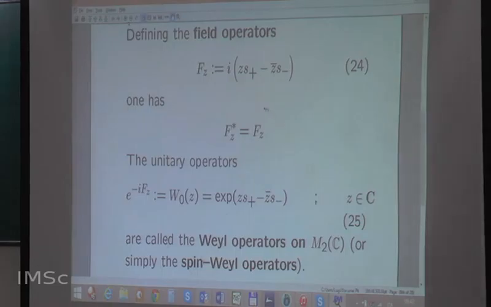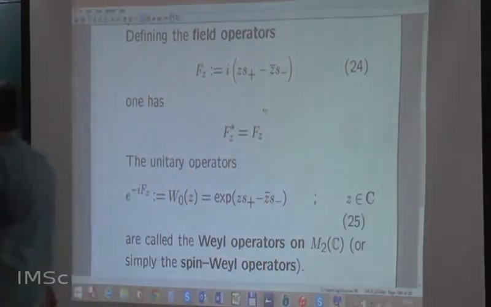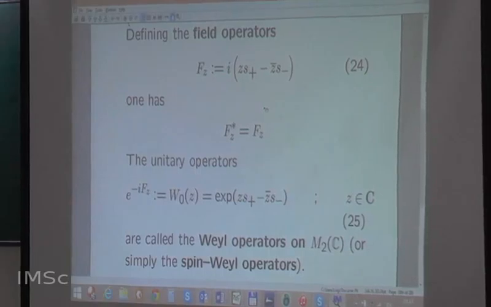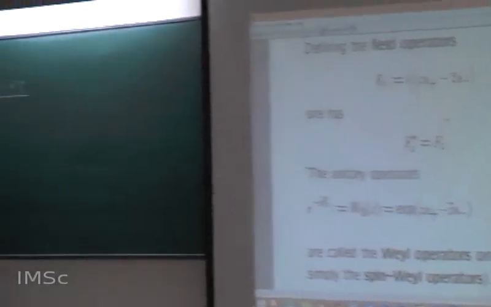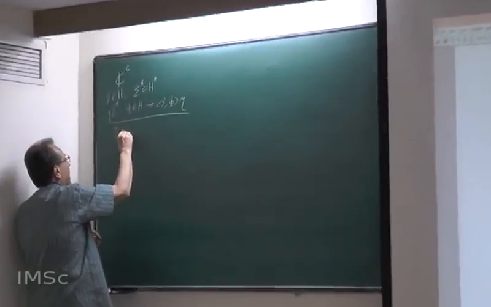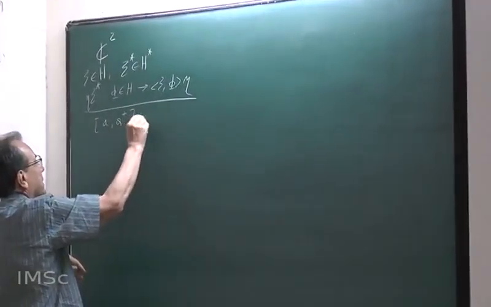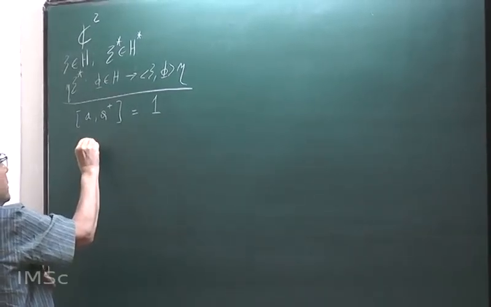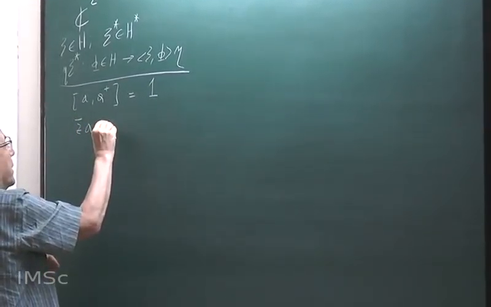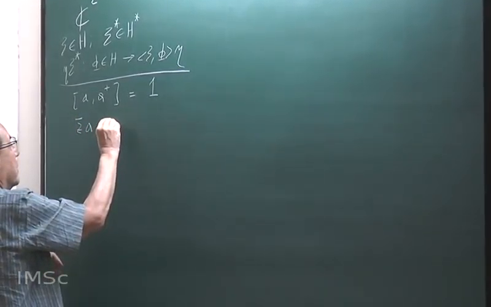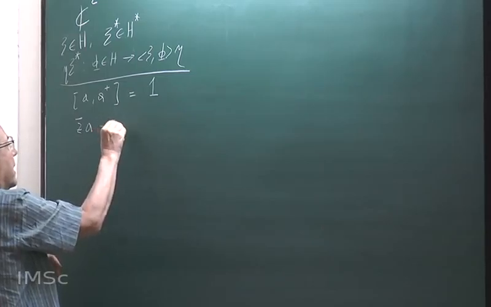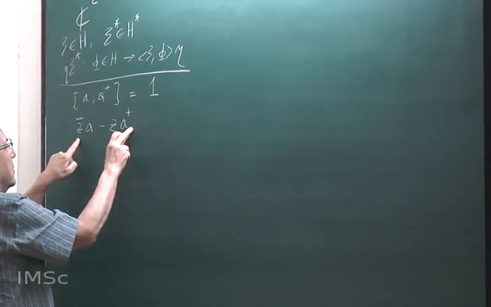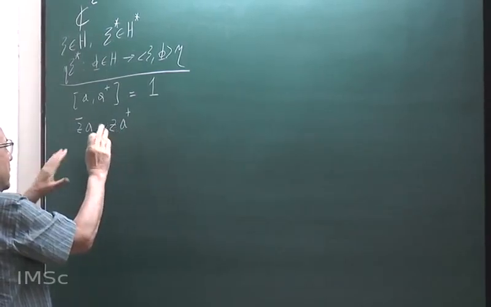I anticipate for future use, I have prepared some slides on the standard boson Weyl operator, but just to fix your ideas, if you have the standard boson commutation relation, the Weyl operators are operators which are taken like this: Z bar A, Z A dagger.